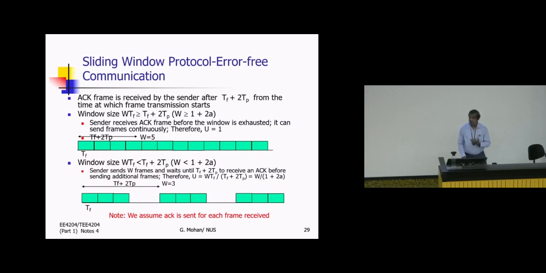It doesn't need to stop transmission just because it did not receive the acknowledgement. But it has to stop when it has exhausted the window, window is 0, but it has not got an acknowledgement from the other side. In that case, it will wait.